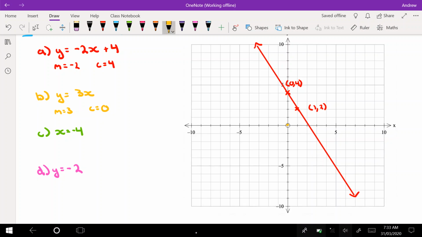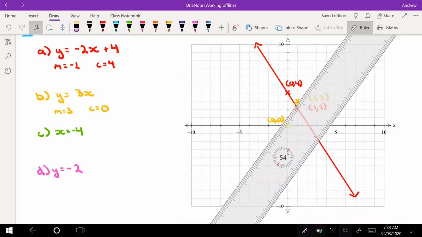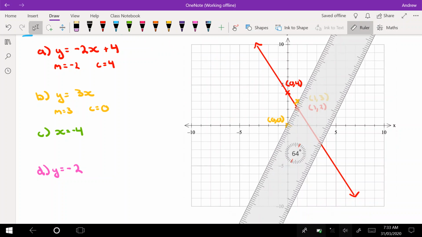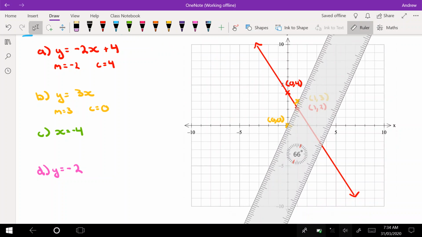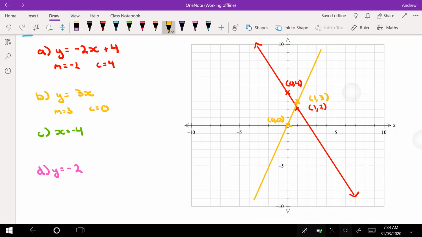So from 0, right there, 0, 0, I have a gradient of 3, which means my rise is 3 and my run is 1. So I go across 1, up 3, I'm going to be here at that point 1, 3. And then I have 2 points. I can now make another line and connect them. So there we go with that line.